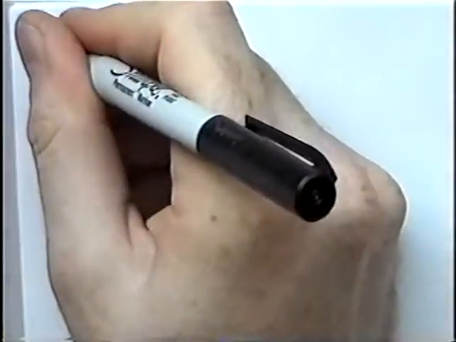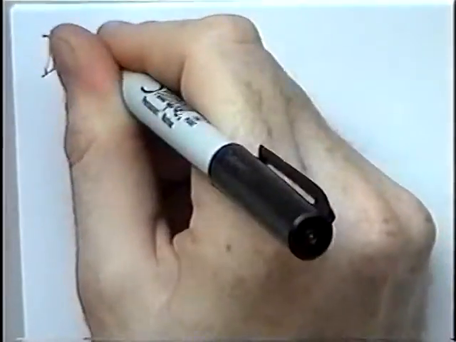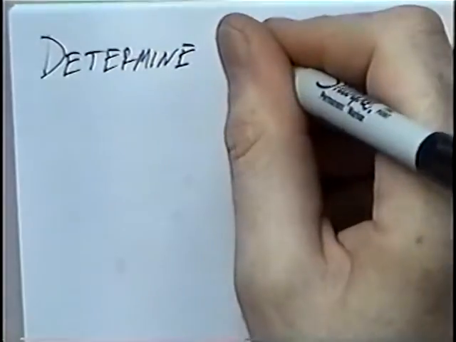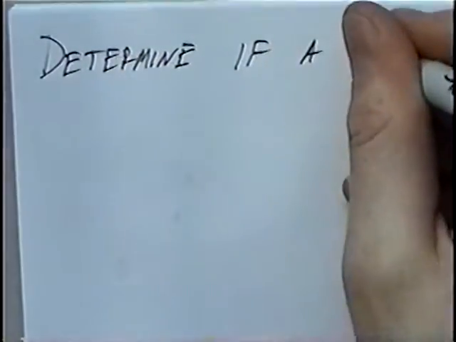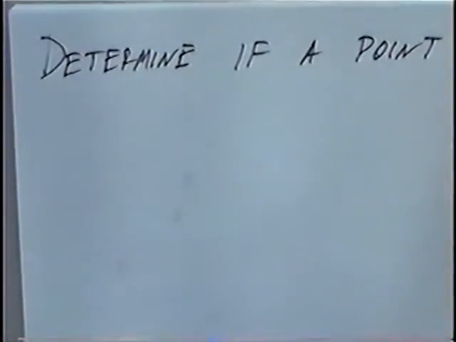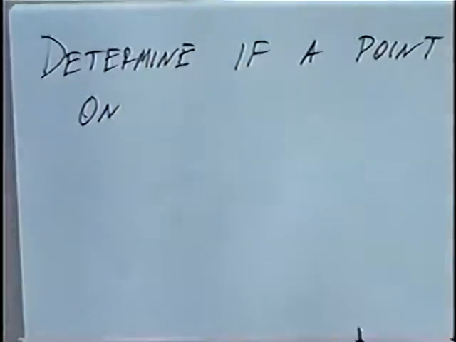Title of the first section is Determine if a point lies on the graph.